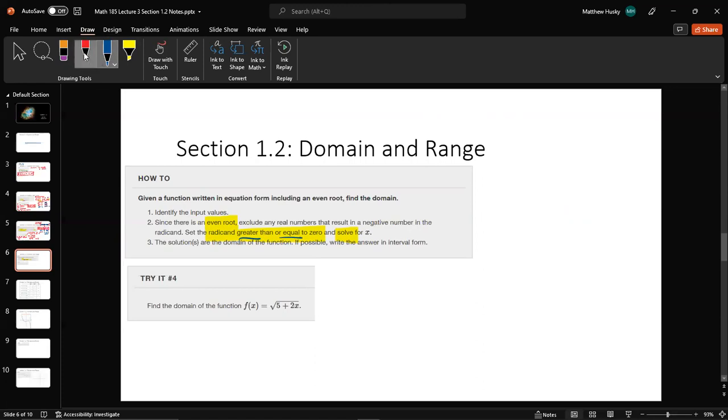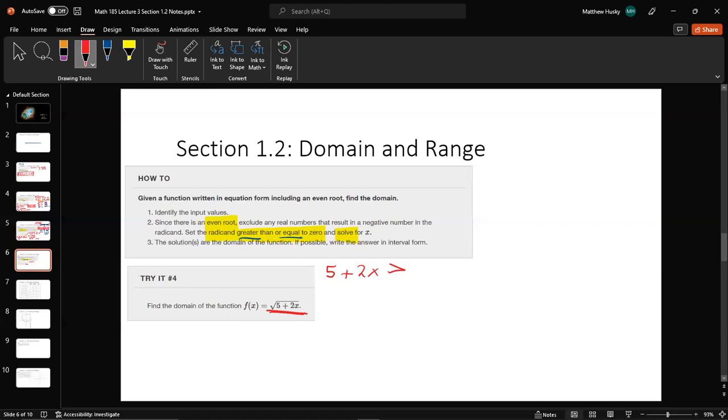What is inside here is 5 plus 2x. Since that is what's inside the root, we need to say 5 plus 2x needs to be greater than, so you do a greater than symbol, which is like the little alligator mouth. It eats the thing that's bigger.